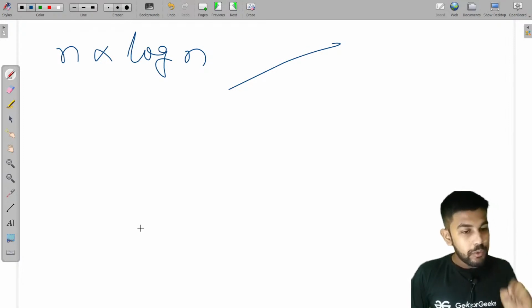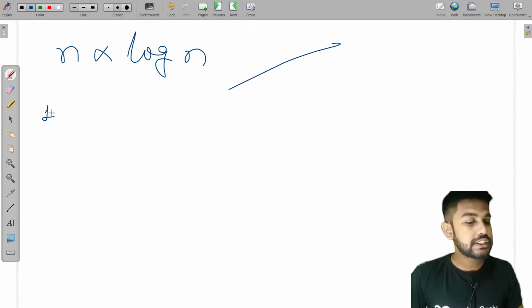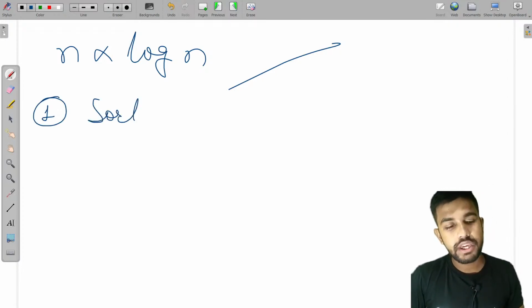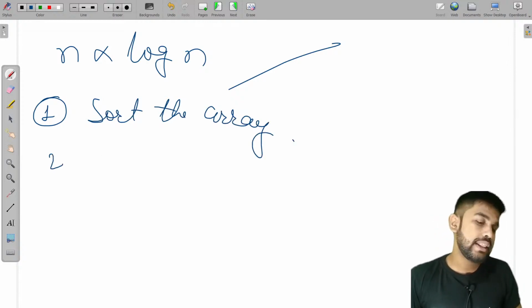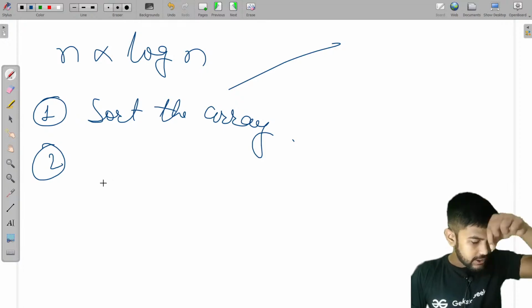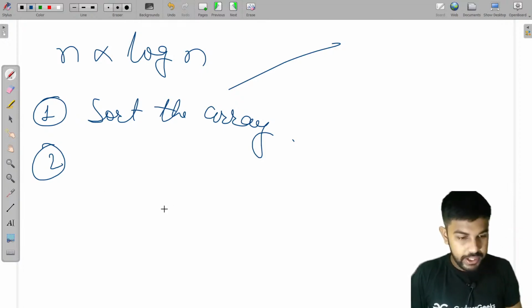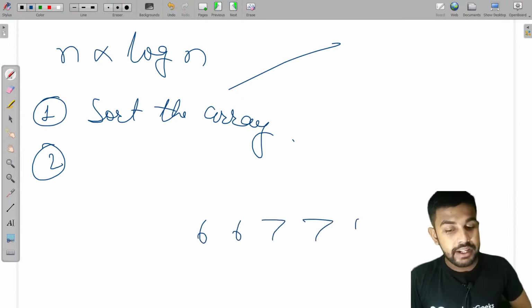Now let me recapitulate what we have done. First we sort the array. Why and how, that is explained. Next thing is that we need to search the first point. Suppose the array can be like this also, 6, 6, 7, 7 and then 8.